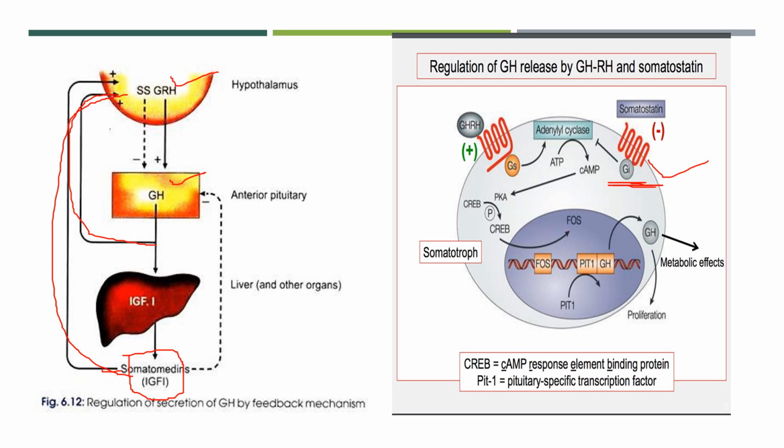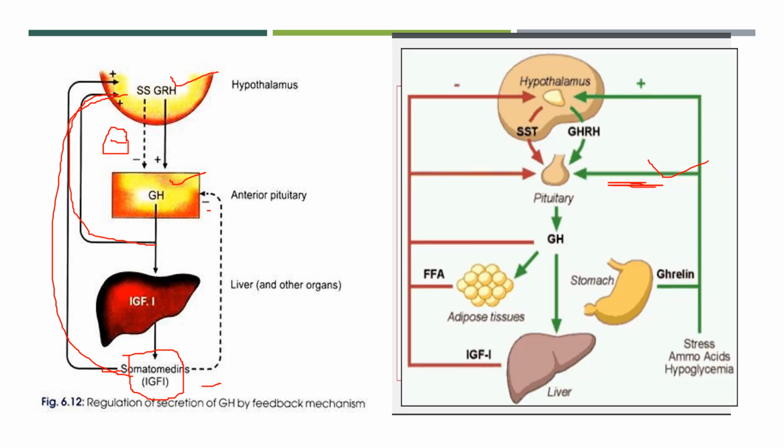And we all know the function of the somatostatin. It will inhibit the anterior pituitary and prevent the release of growth hormone. In addition to that, the somatomedins or insulin-like growth factor also inhibit the anterior pituitary to release the growth hormone. So the regulation of the secretion of growth hormone is by a negative feedback mechanism.